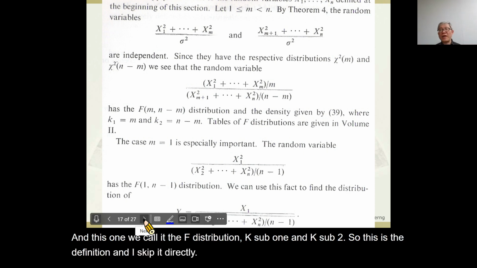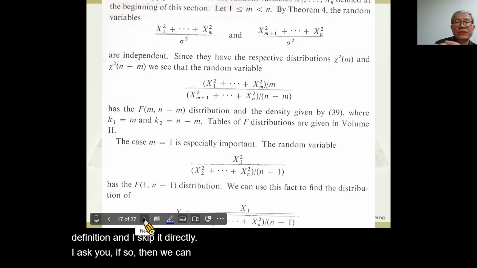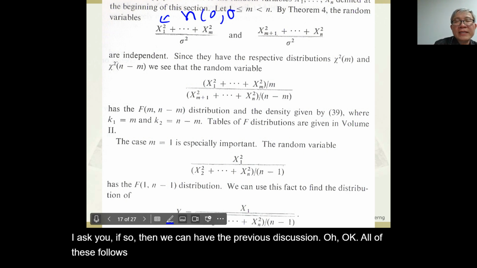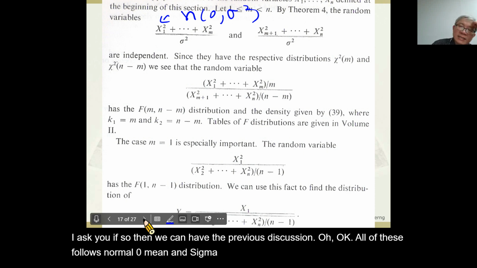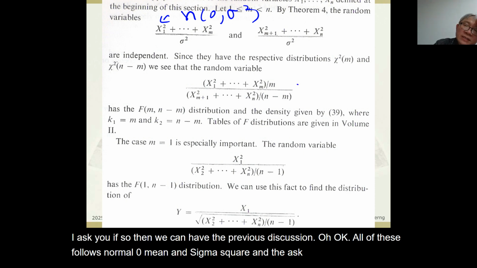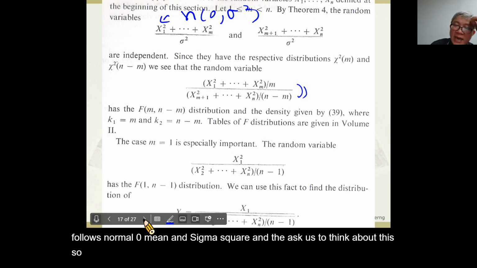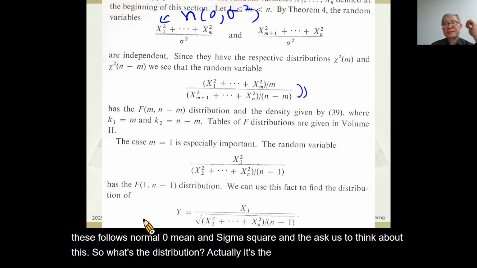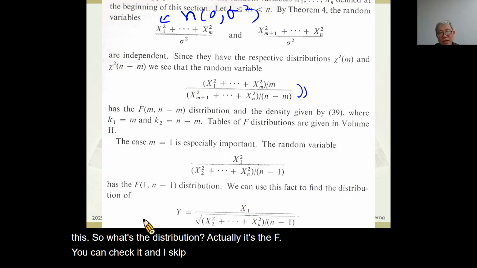Actually, if so, then we can have the previous description: all of these follow normal, zero mean, and sigma square. And it asks us to think about this. So what's the distribution? Actually, it's the F. You can check it, and I skip the description.